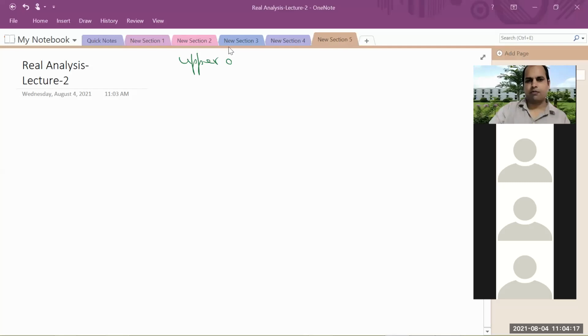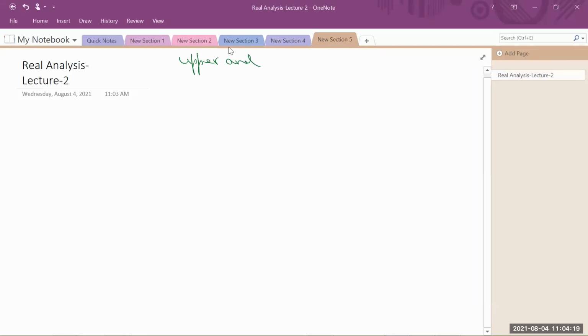What we mean by upper and lower bounds of a set. Suppose A is a non-empty subset of R. Okay, A is any non-empty subset of R.